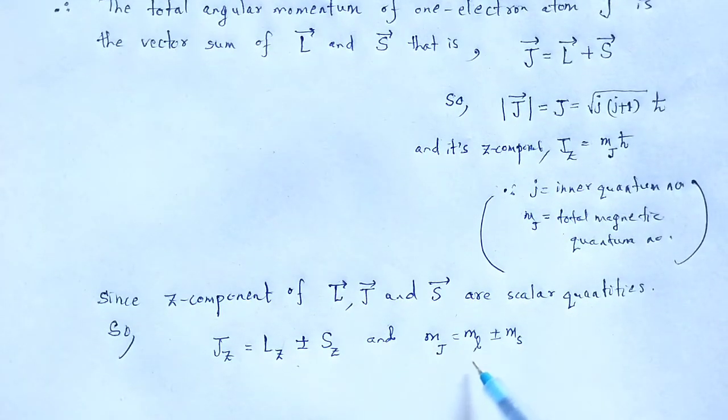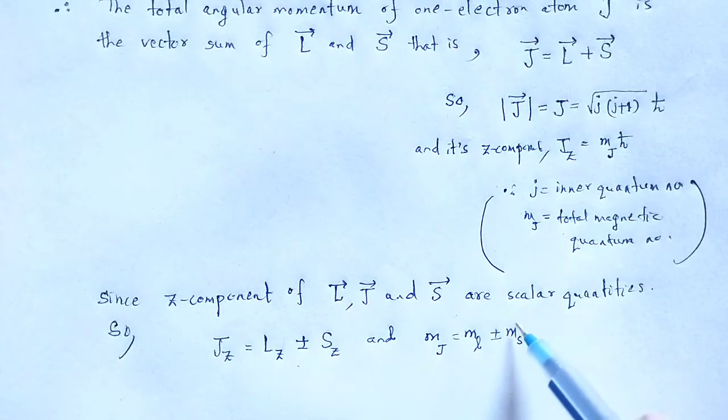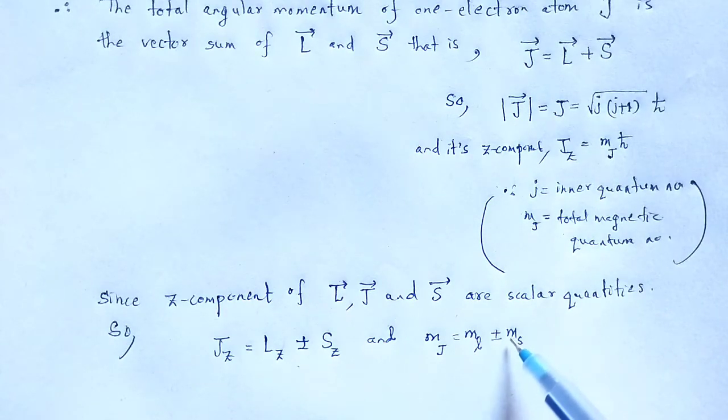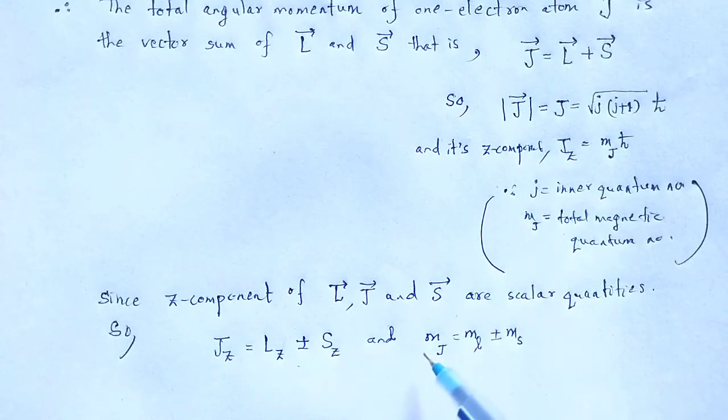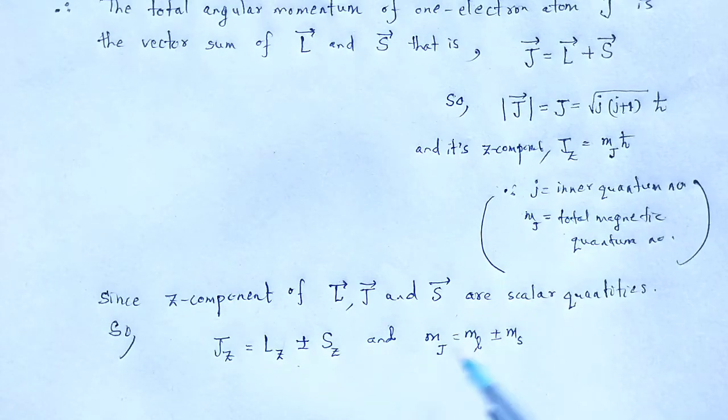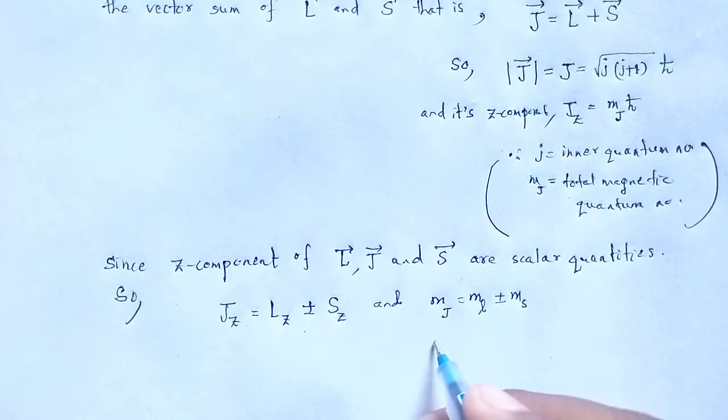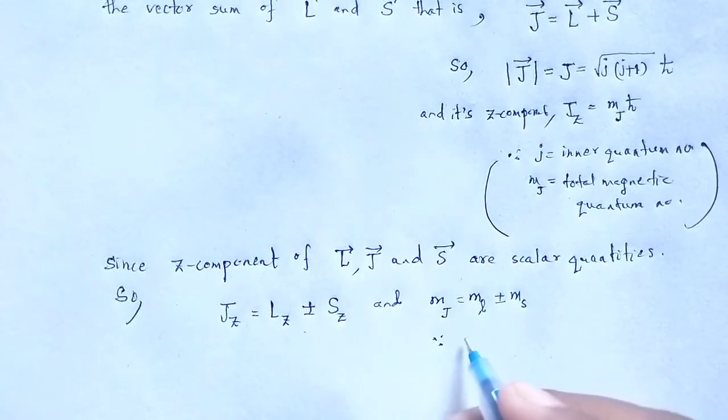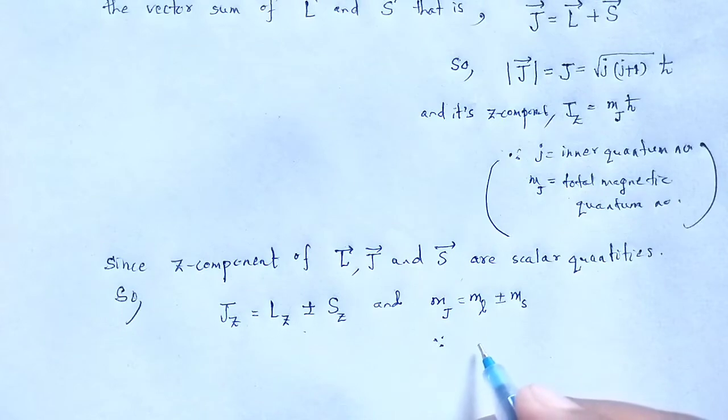Since ml is an integer and ms is plus or minus half, mj must be half integral, as we write here. What is the value of mj here?